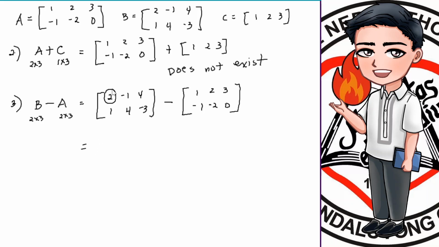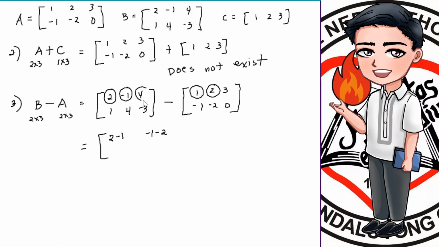Let's subtract. Again, the same position rule applies. So 2 minus 1. And then negative 1 and 2, so negative 1 minus 2.